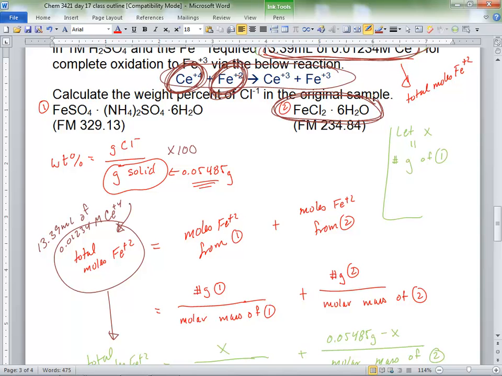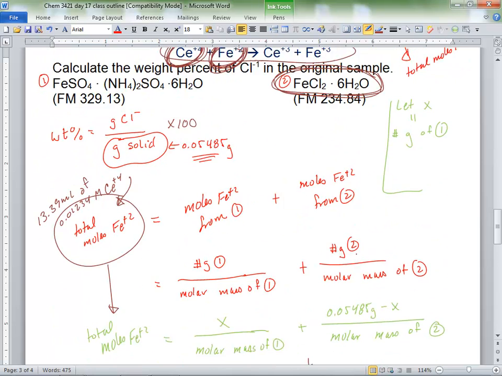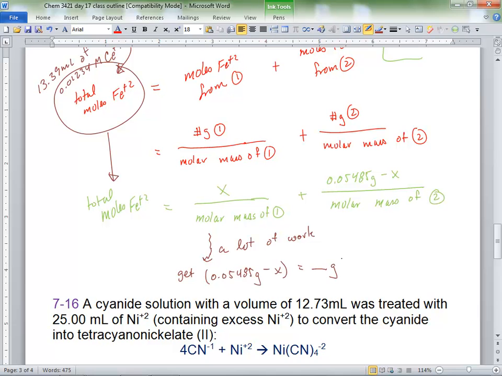So first convert it to moles, then I can write your final step in case you don't see it. And you get 0.05485 grams minus x equals the grams. They call it iron chloride, 6 hydrate or something? 6 hydrates? Okay.